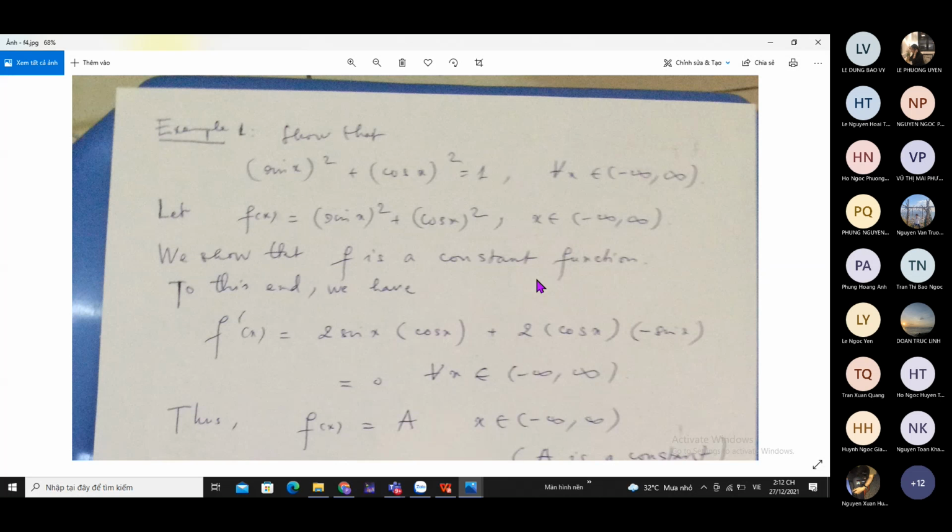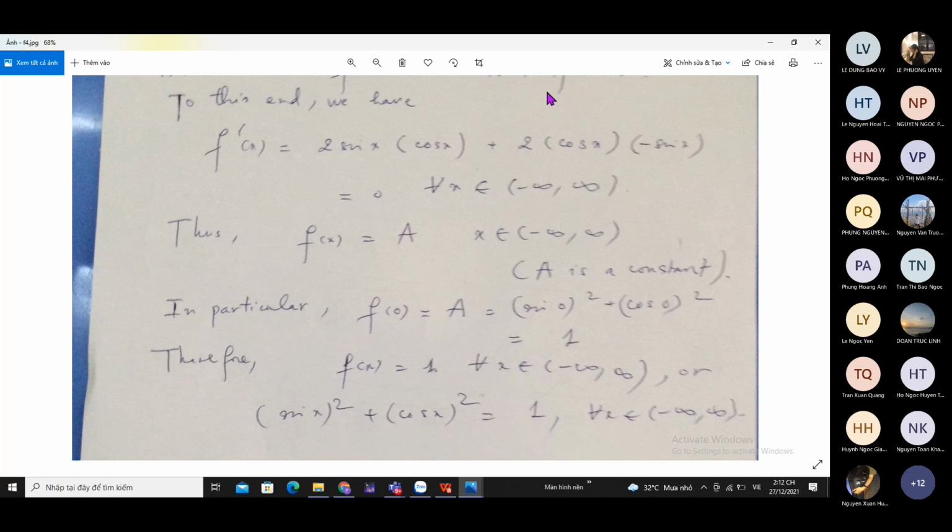Because f prime of x equals 0 for every x, f must be a constant function. I mean f of x equals a for any x, where a here is a constant. So what is the number a here? f of x equals a for every x, and particularly we have f of 0 equals a.